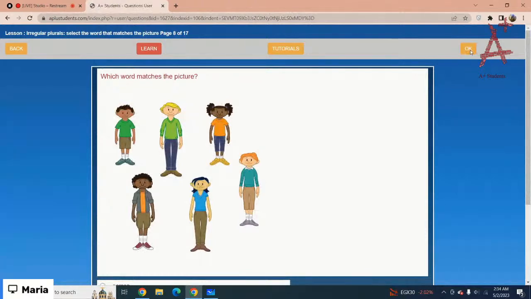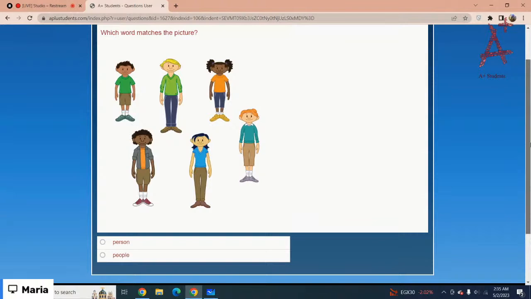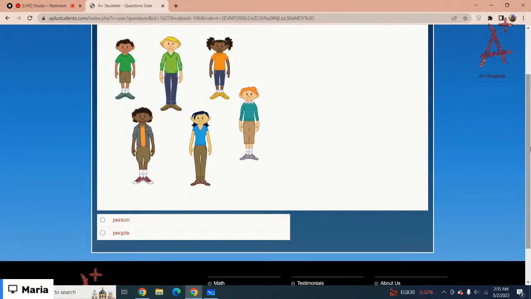Which would match the picture? Person, people. People.